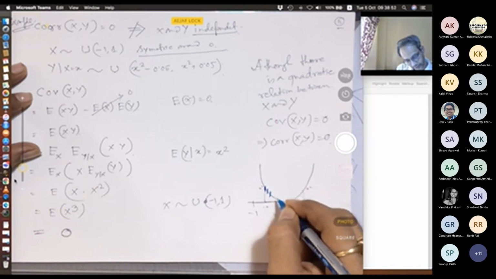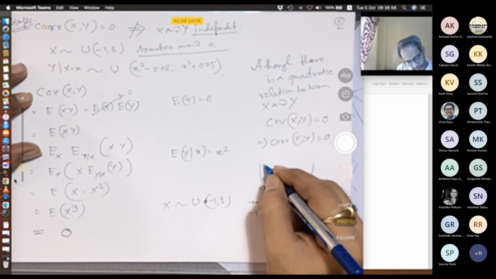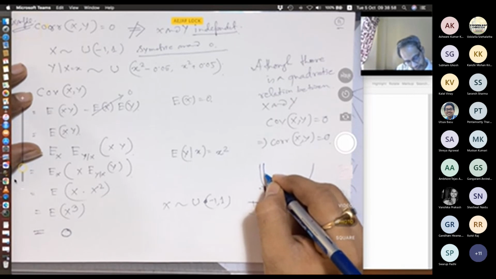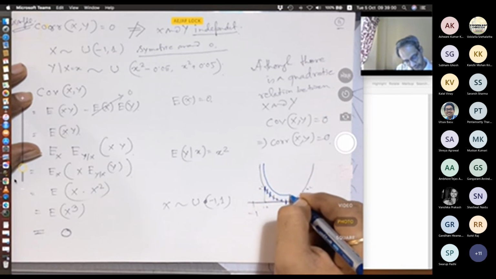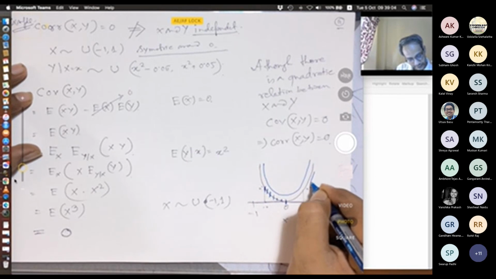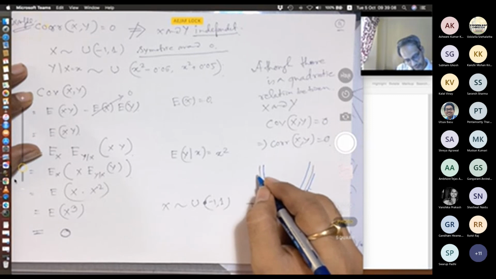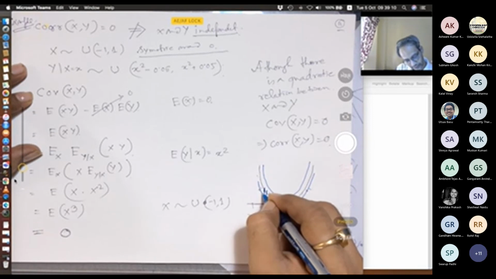So for each of them like this, you will have a band like this and a band below also going like this.